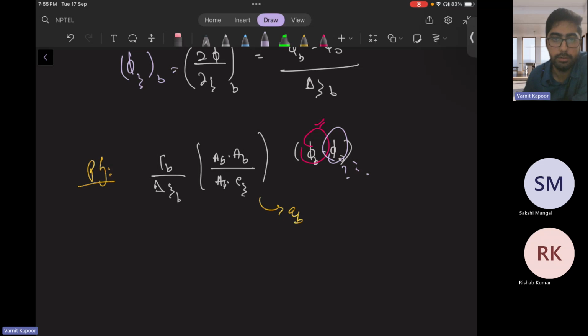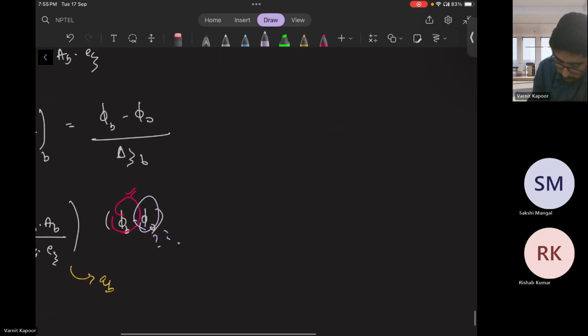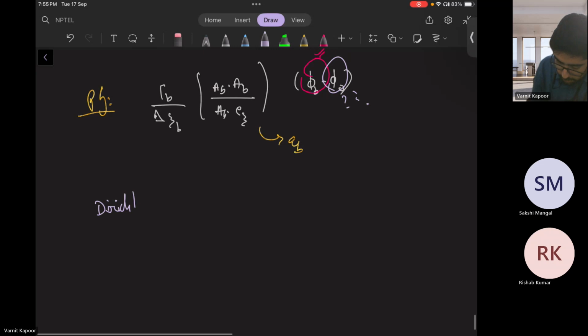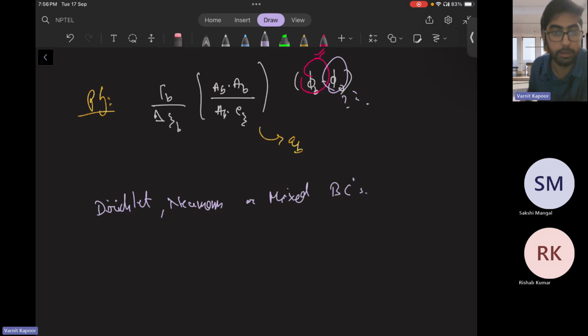All right. So you can either apply Dirichlet, Neumann, or mixed boundary conditions, this kind of boundary conditions you can use to solve and discretize the equations.